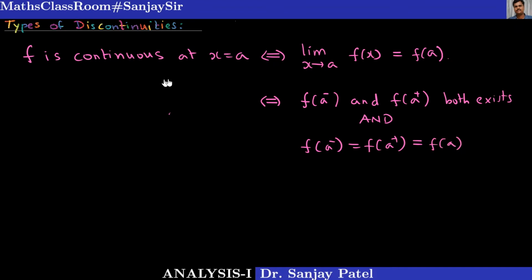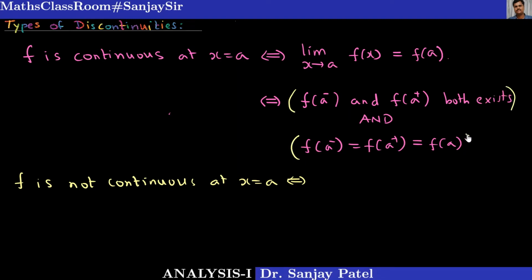So if the function is continuous at the point a, then f of a minus and f of a plus, these two values must exist, and all three are equal. If we take the negation, one can think like this. Therefore f is not continuous, or f is discontinuous, at the point x is equal to a if and only if either this thing is not true or this thing is not happening.